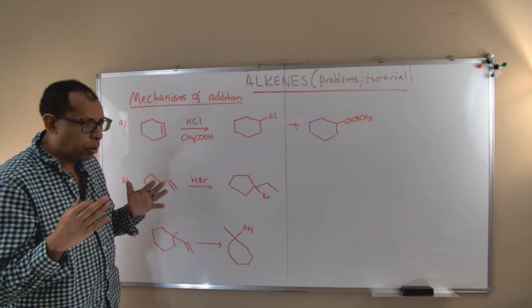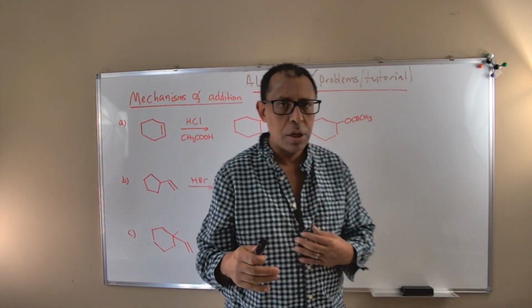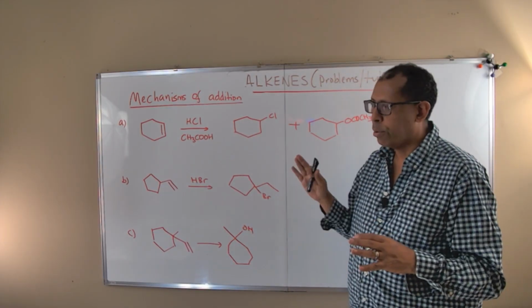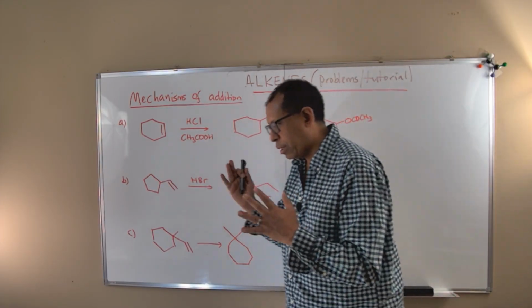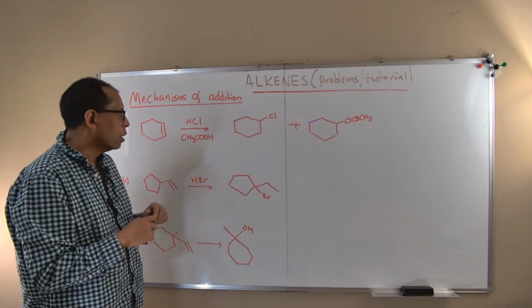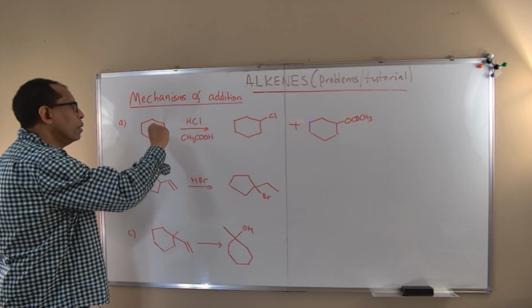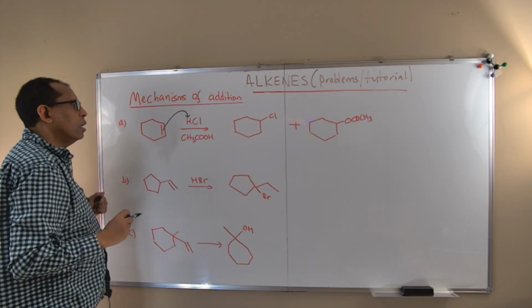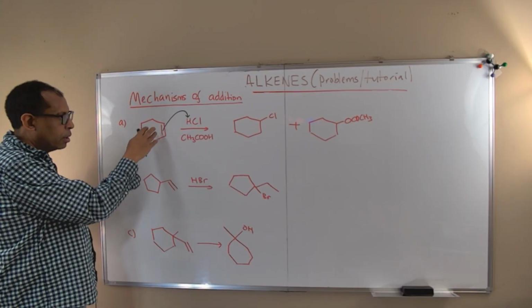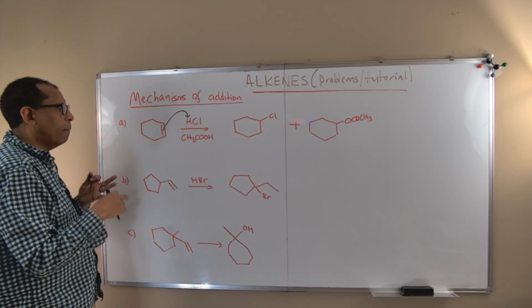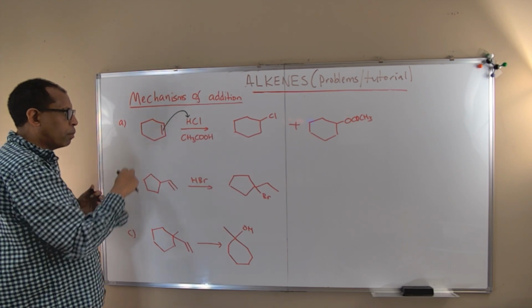As I already mentioned in the previous section, the initial step is abstraction of a proton. That's the terminology you'd be using. Abstraction of the proton happens like this. This is electron rich. The alkene would take off that proton.